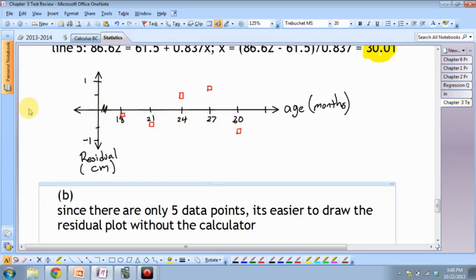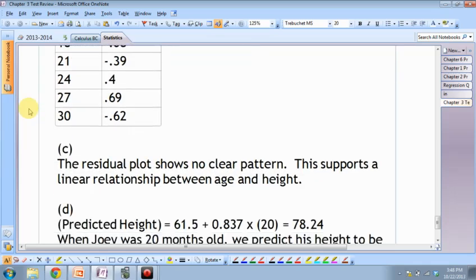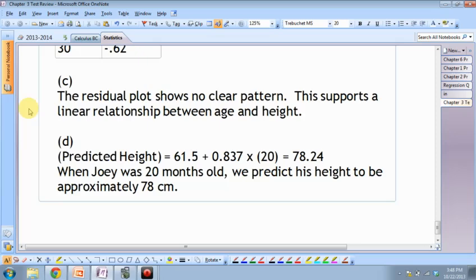So at some point, you're just kind of making things up. So don't look too hard. You're smart enough to find a pattern in almost any set of numbers. So the residual plot shows no clear pattern. This supports a linear relationship between age and height.